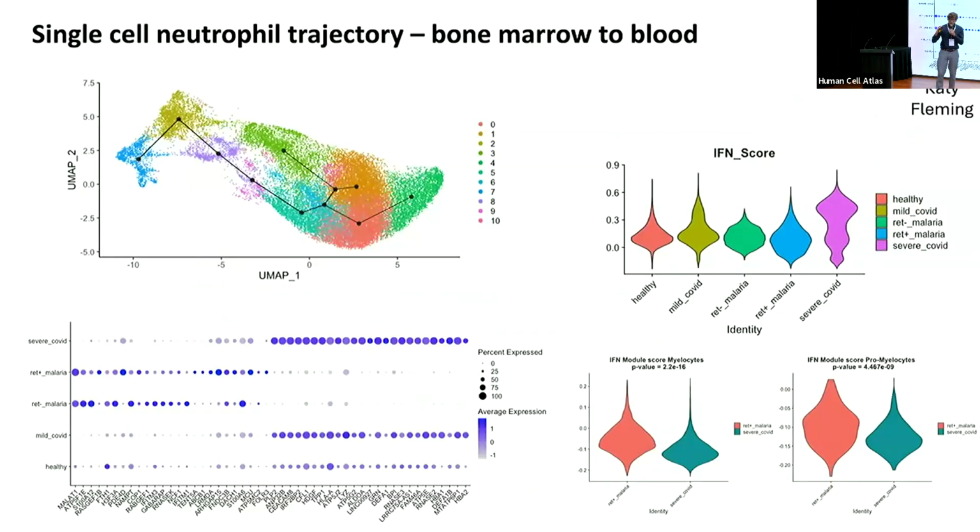And then to try and understand the origin of these abnormal NET-prone neutrophils, we did single-cell RNA sequencing on neutrophils, both separated and from whole blood. I'm going to rush through this a bit because of time. We also took cells from the bone marrow from post-mortem cases and from some samples obtained in orthopedic operations.